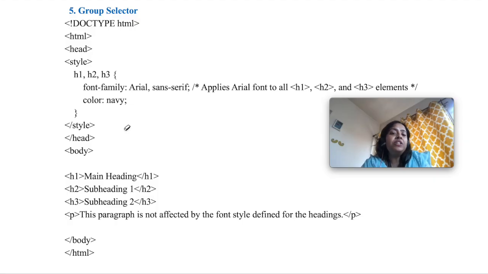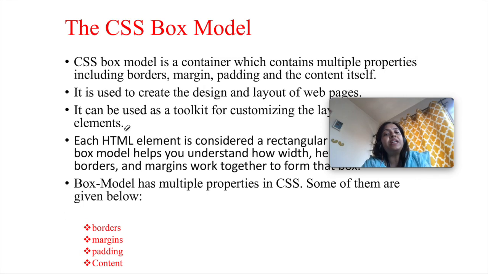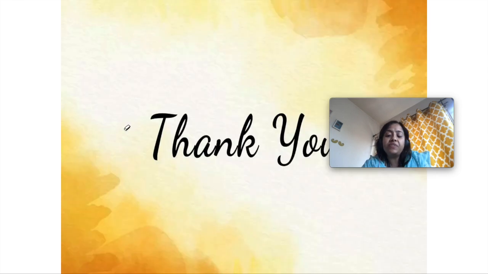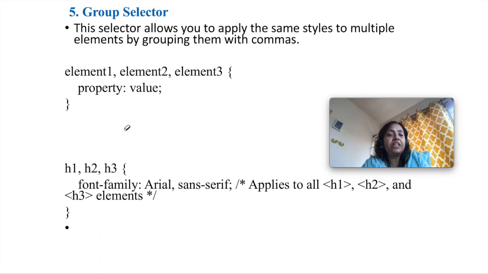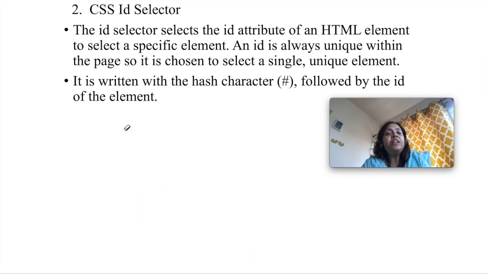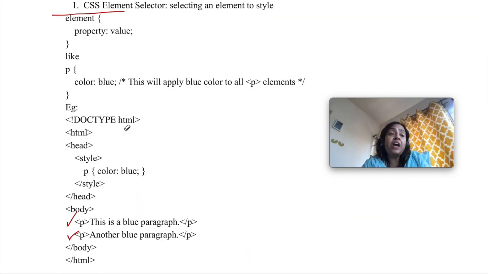Before ending with the topic, my dear students, let me tell you one more thing which is very important here. When I was starting with the topic, I assumed that you know the basic HTML elements or HTML tags, so I have not mentioned anything about them. Secondly, I assume that you know the basics of CSS.